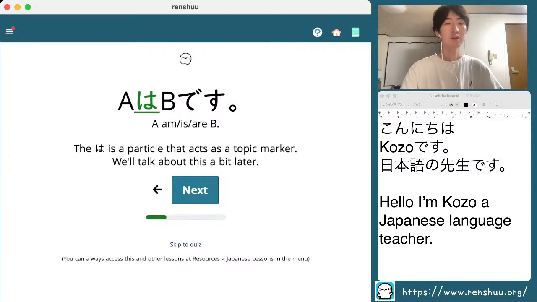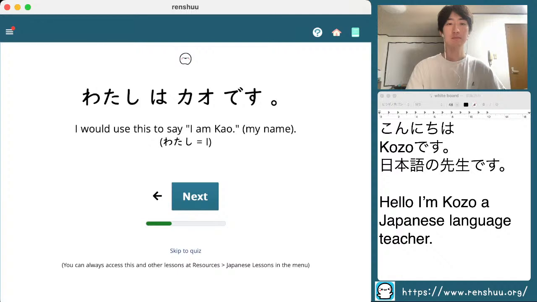And okay, this hiragana character is actually read as ha, except in this particle. But for this particle, it is read as wa. Oh yeah.